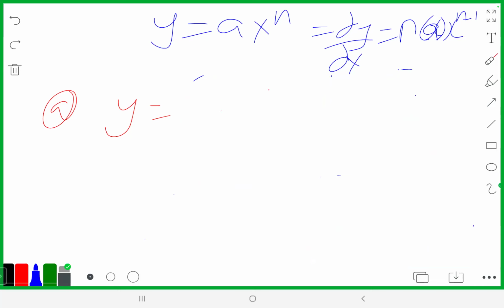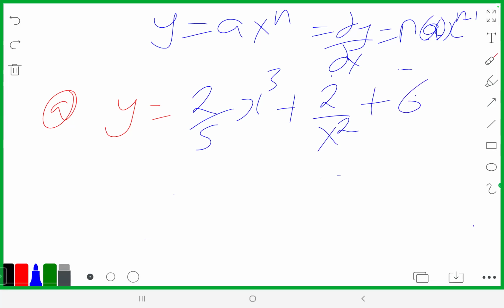Let's have another example that is a little bit more interesting. So it is very interesting, and it is 2 over 5 x to the power, let's say 3, plus 2 over x squared, yeah, plus 6. You've seen this one?